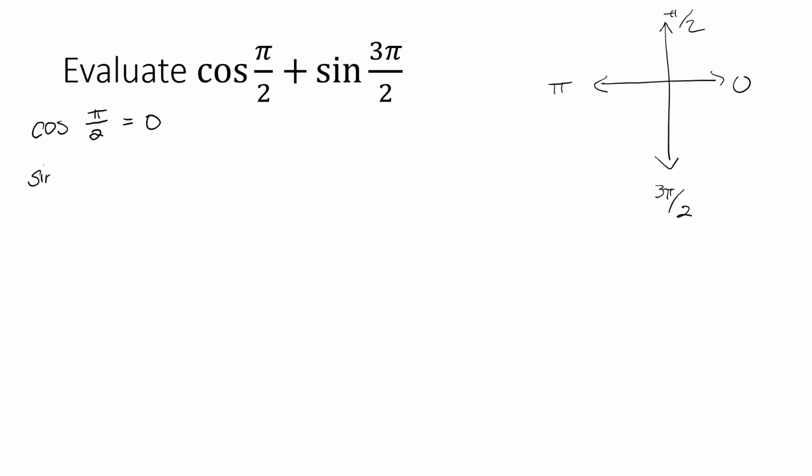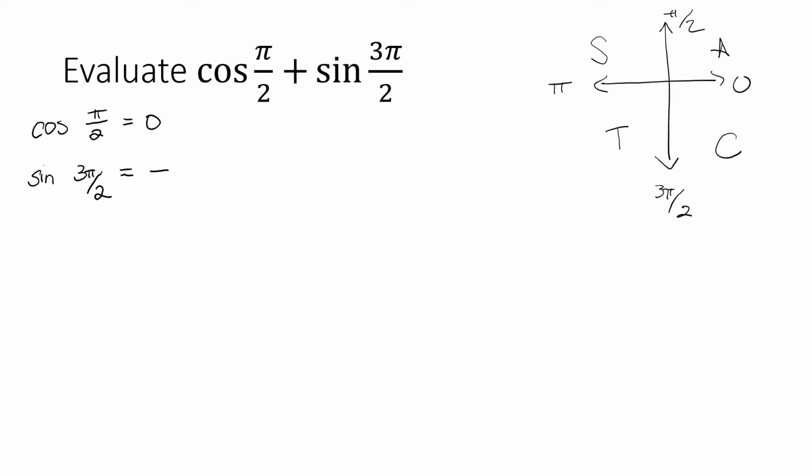And sine 3 pi on 2. We have to look again: all are positive, only sine is positive, tangent is positive, and cosine is positive. So the sine of 3 pi on 2 is negative. But negative what? What is our reference angle?